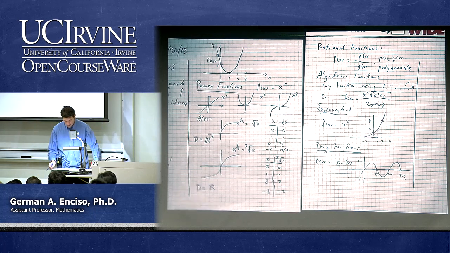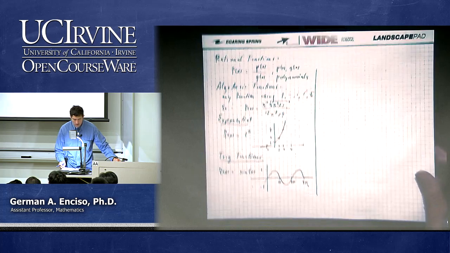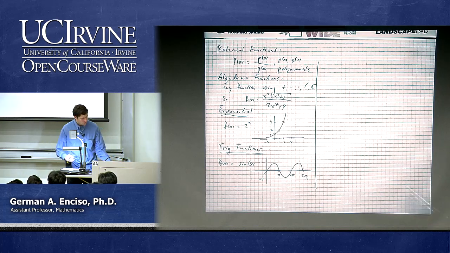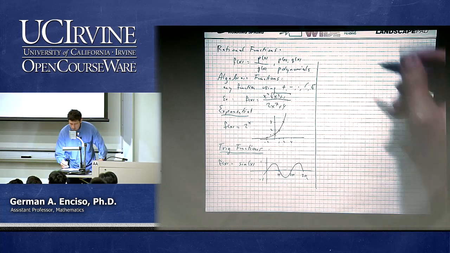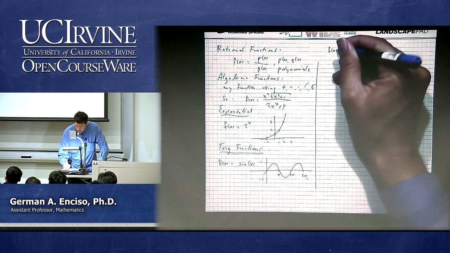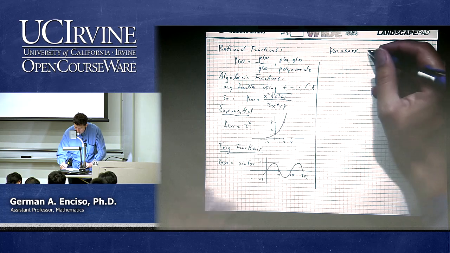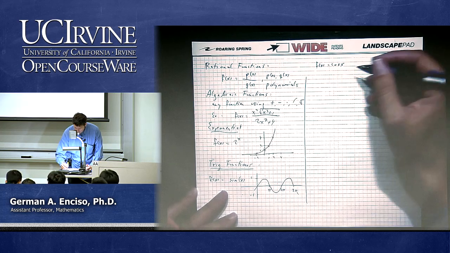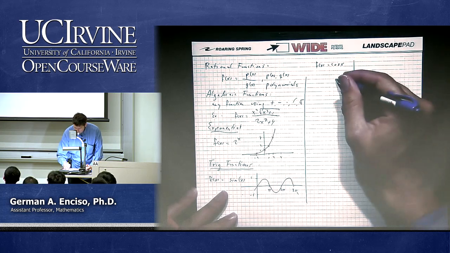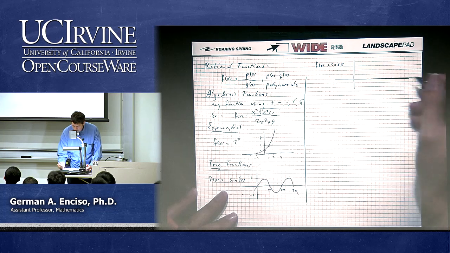Okay, similarly, the cosine function f of x equals cosine of x looks a lot like it, but it's shifted a little bit, right?